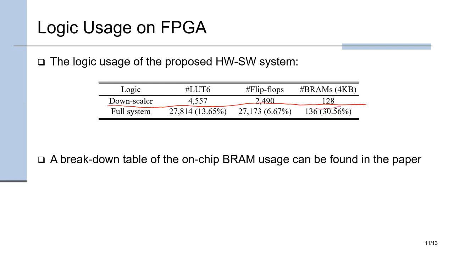It used a lot of block RAM, 128 blocks of 4K byte block RAMs. And these block RAMs are mainly used for storage of intermediate scaled pixel data. Right? A breakdown table of how we use each part of the block RAM can be found in the paper. So if you're interested, you can look into that table.